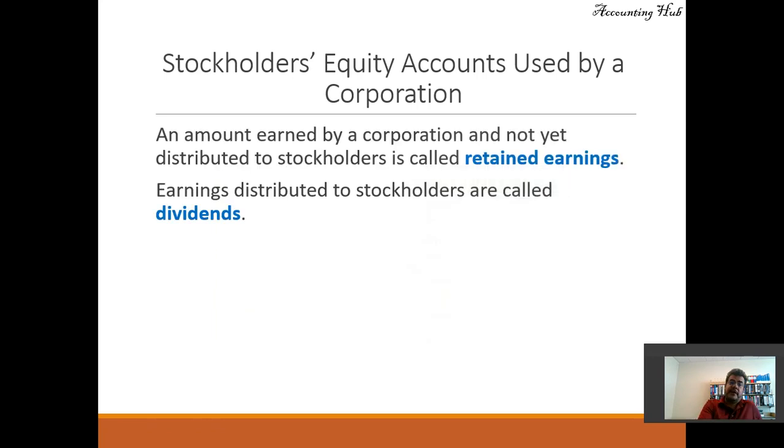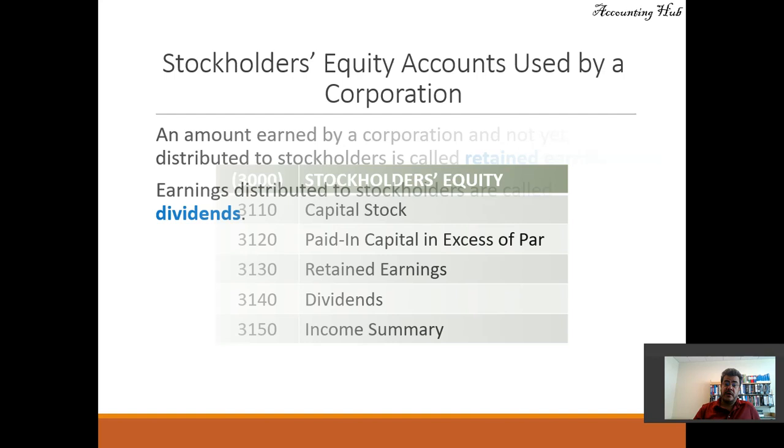An amount earned by a corporation and not yet distributed to stockholders is called retained earnings. On the other hand, earnings distributed to stockholders are called dividends. So let's assume that our income is 100.